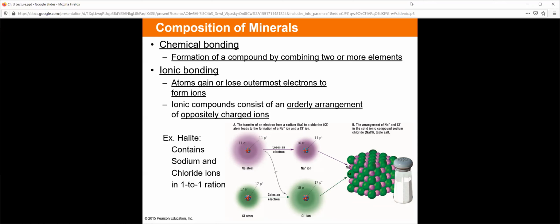Chemical bonding is the formation of a compound by combining two or more elements, and ionic bonding happens when atoms gain or lose outermost electrons to form ions, and those ionic compounds are the orderly arrangement of these oppositely charged ions. Halite is an example. That's table salt, right?